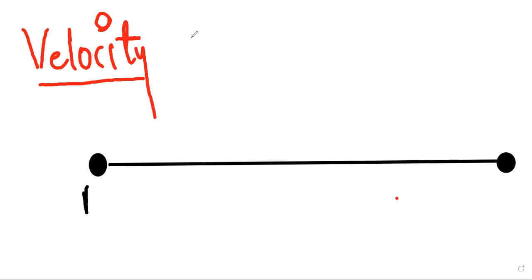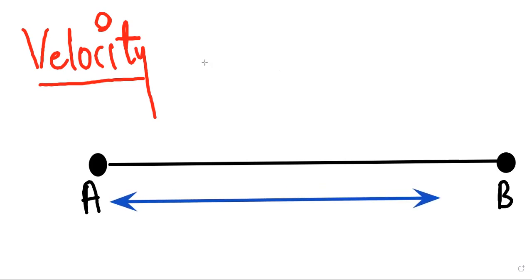The distance is the amount of length in between A and B. When an object starts moving from A to B, suppose the length traveled by this object is 5 kilometers.